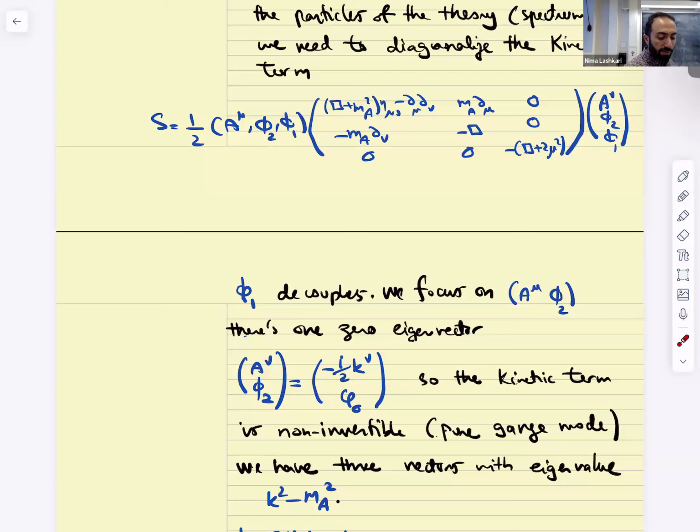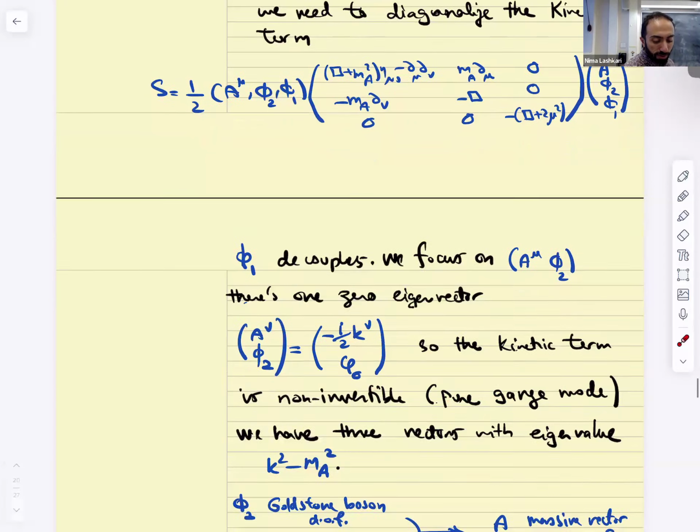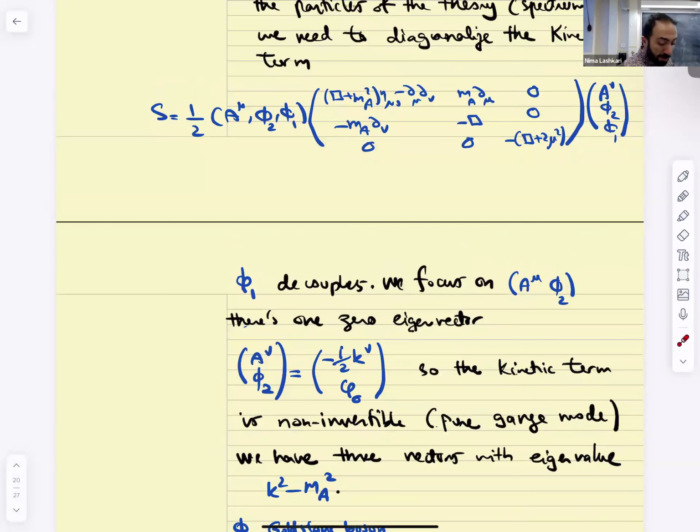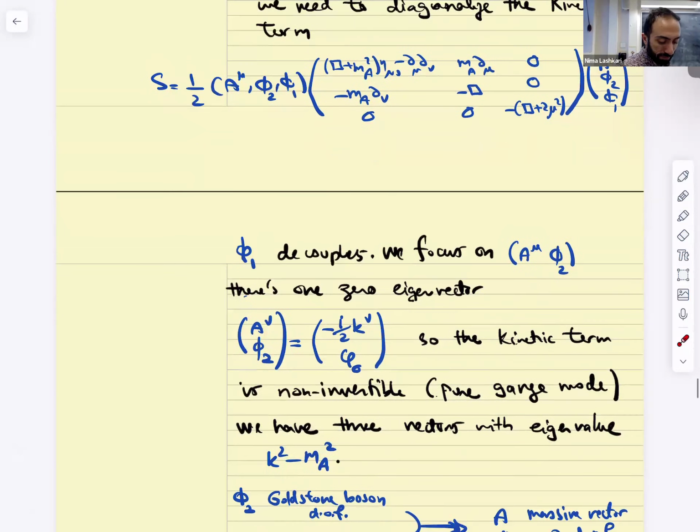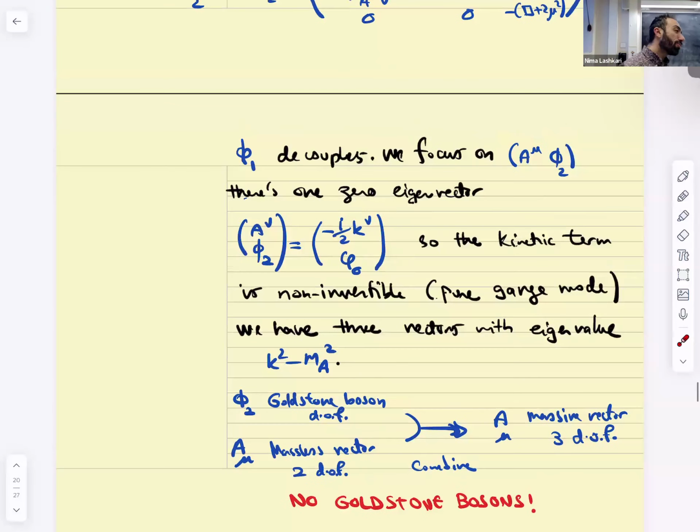Phi 0 minus i over 2 k nu. The kinetic term is non-invertible. This is a pure gauge mode. We also have 3 vectors with eigenvalue k squared minus m_A squared. That is a gauge field, actually. I trust you guys to go through the analysis, and we'll go through this analysis next lecture. We're gonna quantize this theory, spontaneously broken gauge theory.